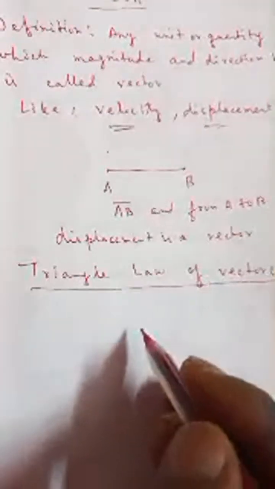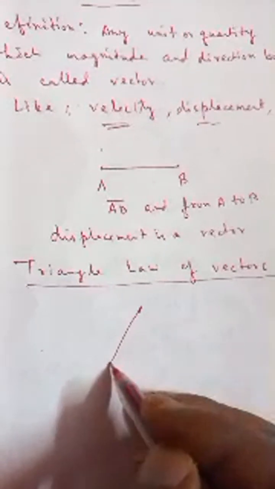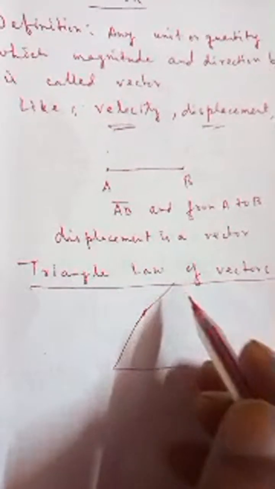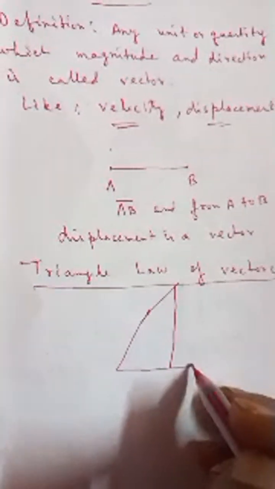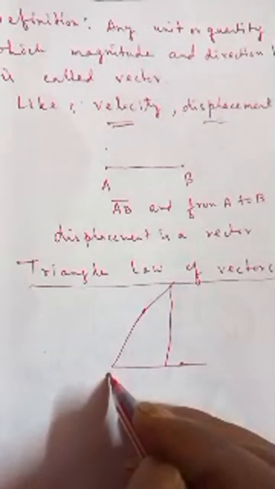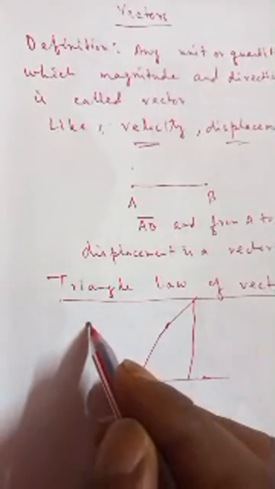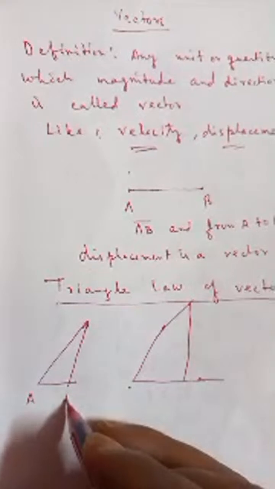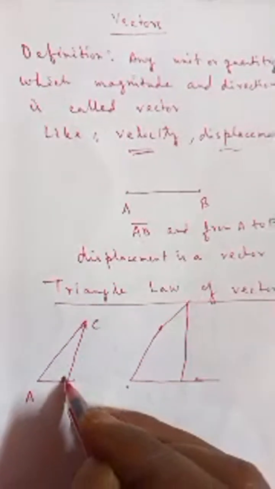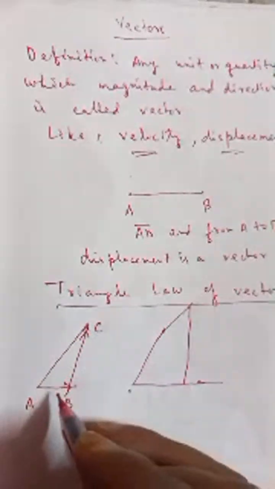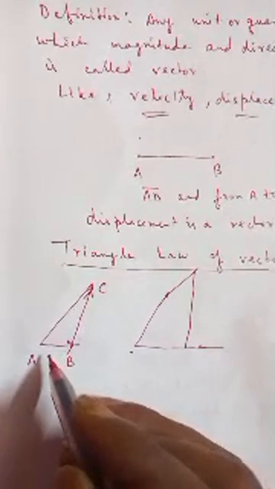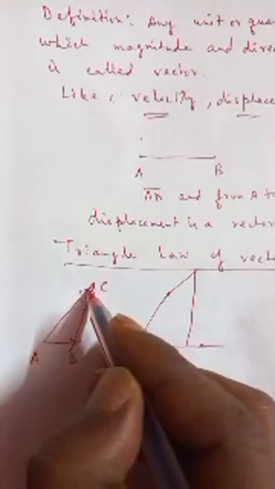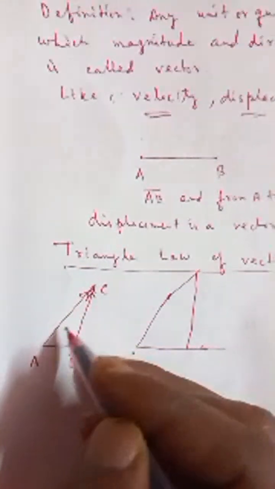With two vectors, if we draw a triangle, like triangle ABC, a triangle taken in such a way that two vectors are taken as sides in the same direction, then their resultant is represented by the third side in the opposite direction.